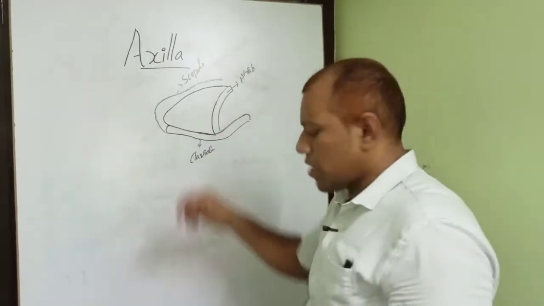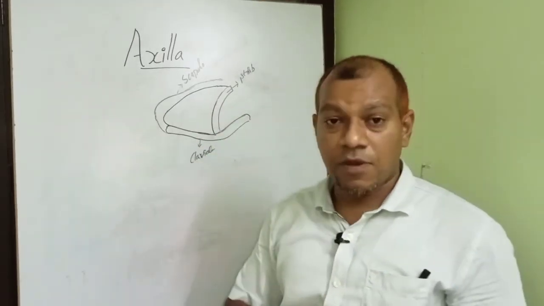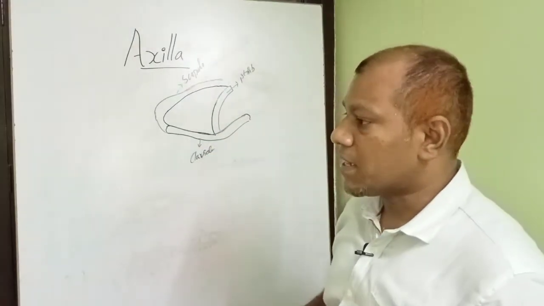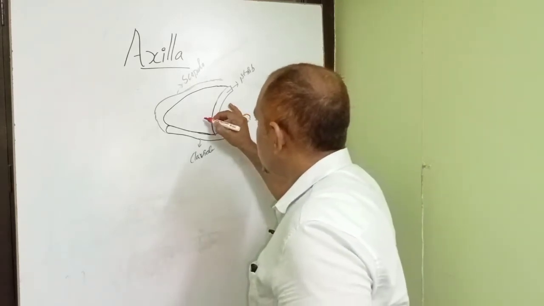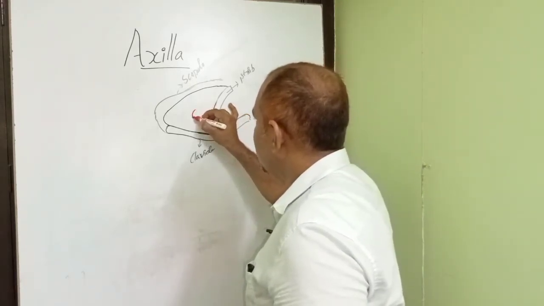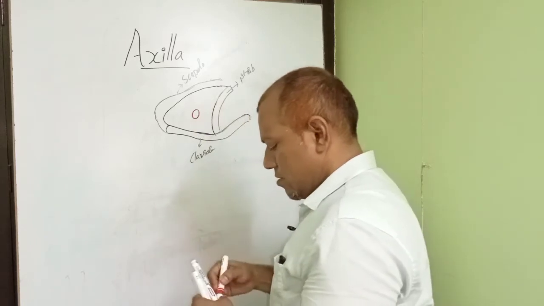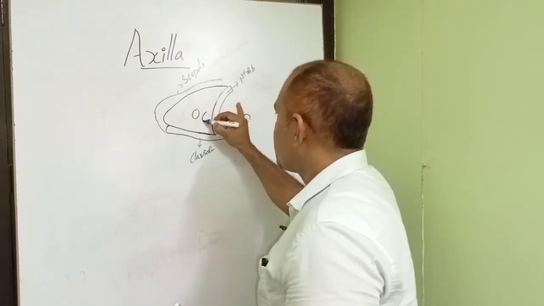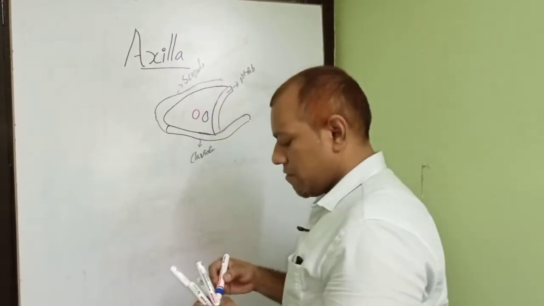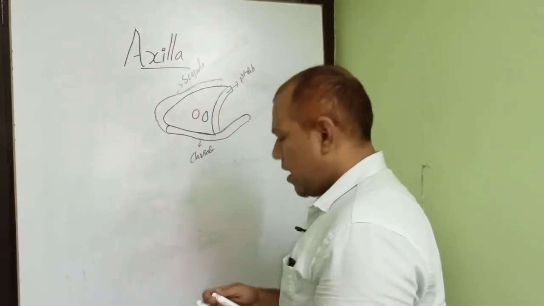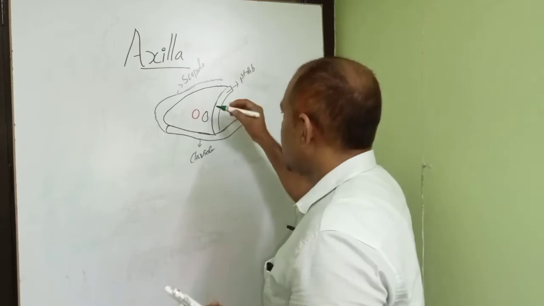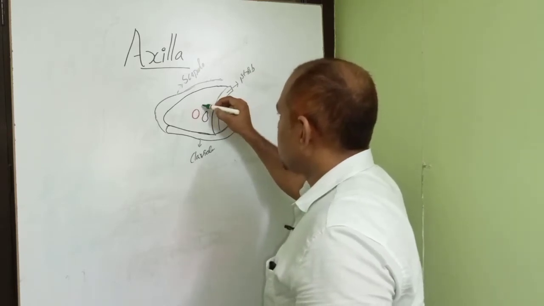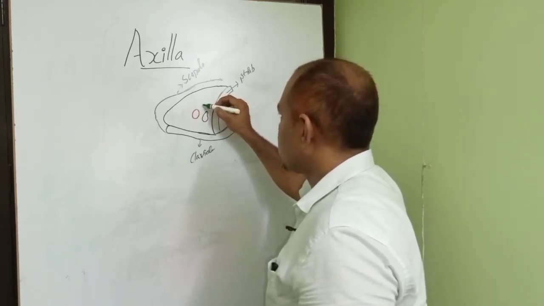Through that pass the vessels as well as the cords of the brachial plexus. So here you can see the axillary artery. Then you can identify the axillary vein, and as nerves, the cords of the brachial plexus are passing through that. I am going to show the three cords of the brachial plexus.